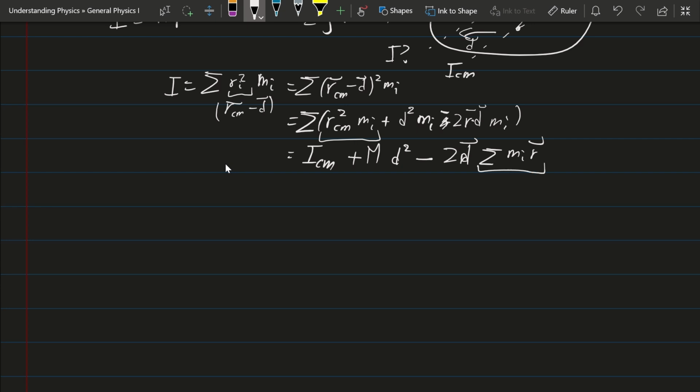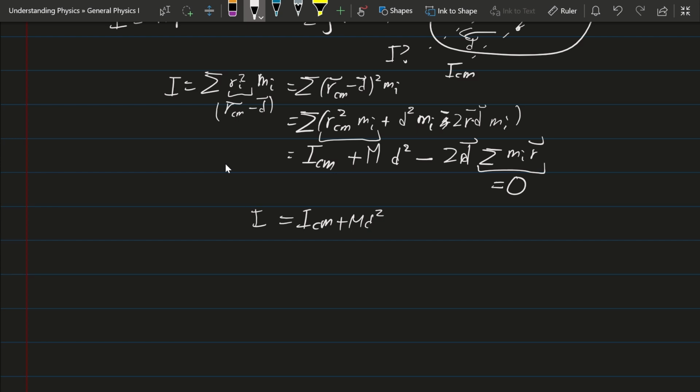This is what we know to be the definition of the center of mass multiplied by M, and in here, we know that the position of the center of mass will be 0. So this entire thing will equal 0. So we develop the idea that I_CM plus M d squared is the moment of inertia if you move the axis by d units. So that's an important thing for you to remember.